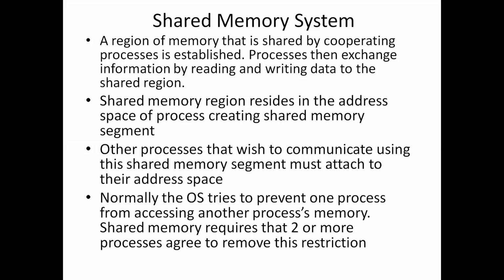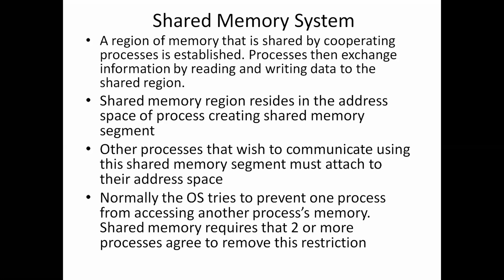Usually the operating system will try to prevent one process from accessing another process's memory. The operating system will not allow one process to access other processes' memory. Here, shared memory requires that two or more processes agree to remove this restriction.